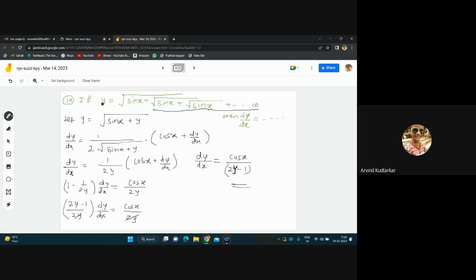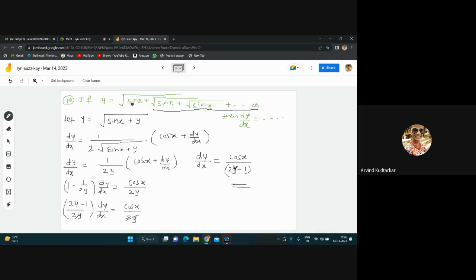Now you come to the function. What is that function? y is root of sin x plus root of sin x plus root of sin x plus so on, plus infinity. It means the addition of sin x inside the root, how many times? Infinity times. It seems lengthy, no. But from here we have to express the root of sin x plus root of sin x and so on, plus infinity, in the form of y.